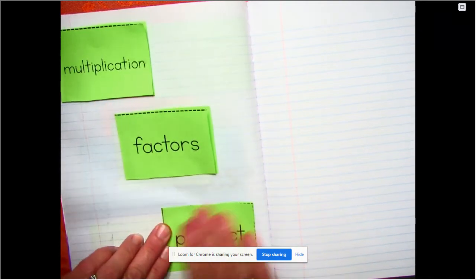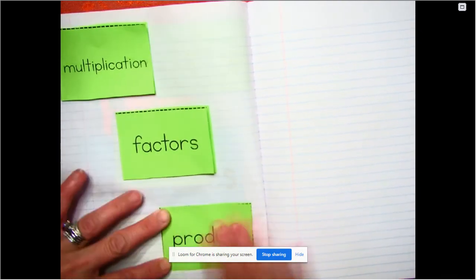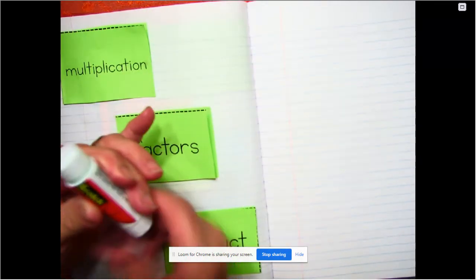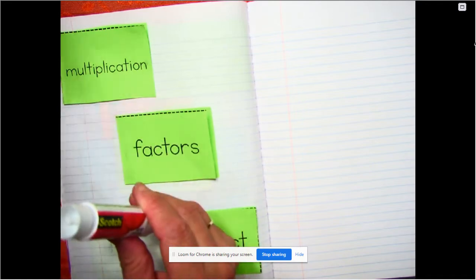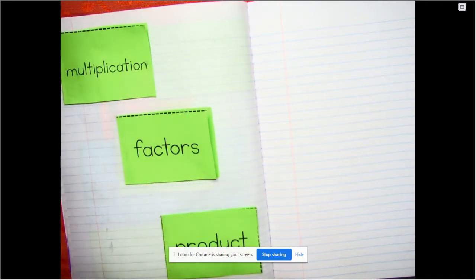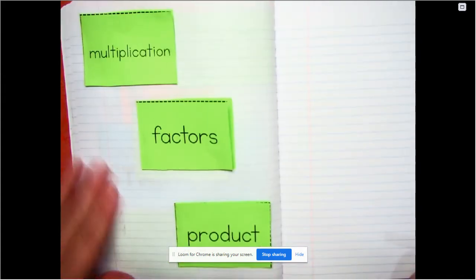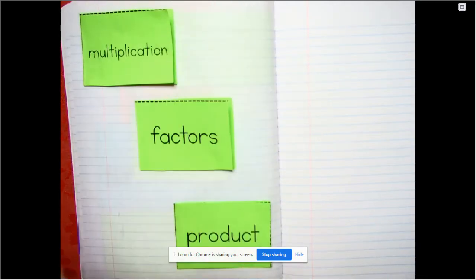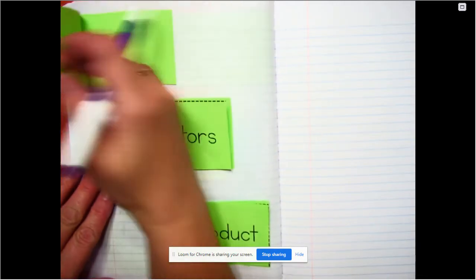And product. Okay, so we'll put the glue away, roll that down. Okay. So once you get those in there, pause if you need to, if you're still doing it, and then come back. We're going to start with multiplication, okay?